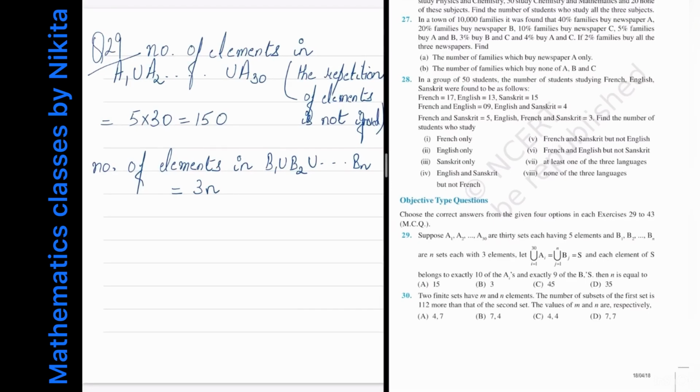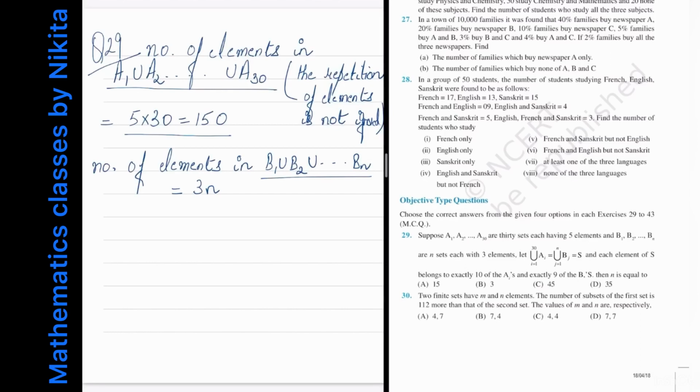Okay, in both the cases, whether it is union of Ai's or union of Bi's, जो भी elements common है वो हम दोबारा लिख रहे हैं. यूजुअली हम जब यूनियन लिखते हैं सेट का तो जो कॉमन एलिमेंट्स होते हैं उनको हम ओनली वंस लिखते हैं, बट हियर ये जो हम नंबर ऑफ एलिमेंट्स फाइंड कर रहे हैं इसके अंदर कॉमन एलिमेंट्स हैव बीन रिपीटेड. ठीक है, सो वी आर राइटिंग अगेन एंड अगेन.